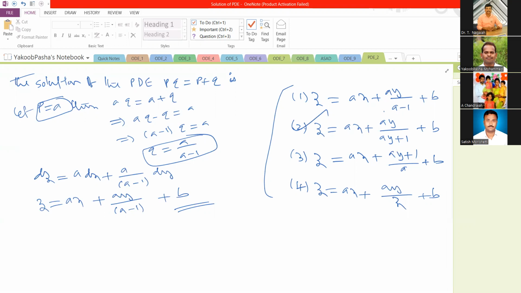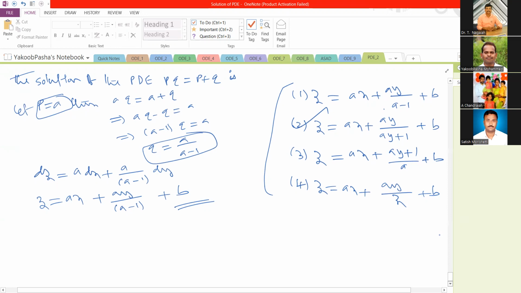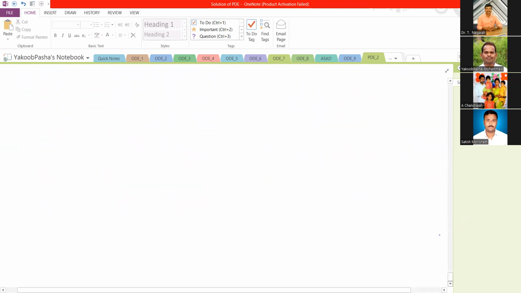You have to remember, when the equation contains p and q, we have to replace p by a in equation 1, find q value in terms of a, and substitute in dz is equal to pdx plus qdy. After integration, we will get the general solution.